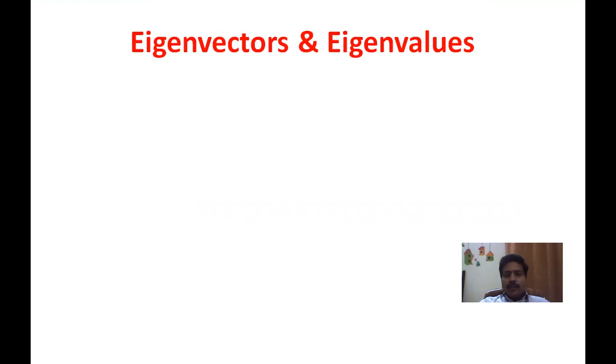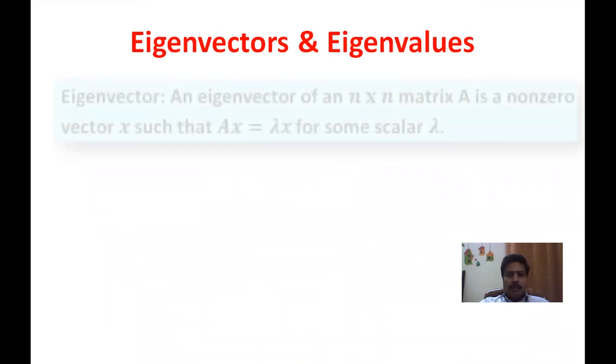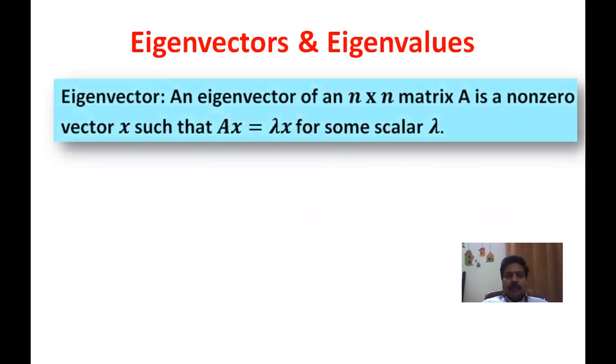Let us first recall the definition of eigenvectors and eigenvalues. Eigenvector. An eigenvector of an n by n matrix A is a non-zero vector x such that Ax is equal to lambda x for some scalar lambda. So when an n by n matrix A is given to us, then a vector x for which Ax is equal to lambda x for some scalar lambda, that non-zero vector x is called eigenvector.